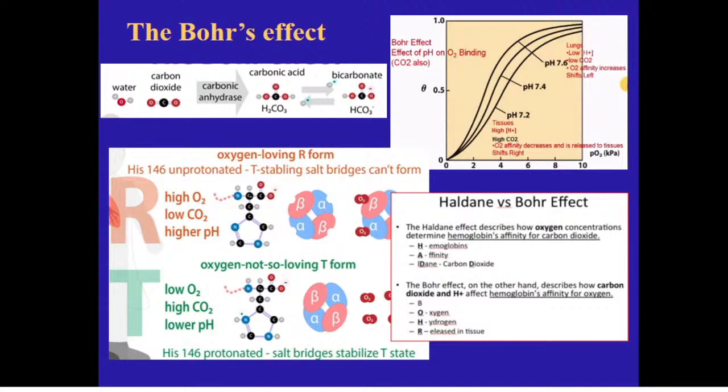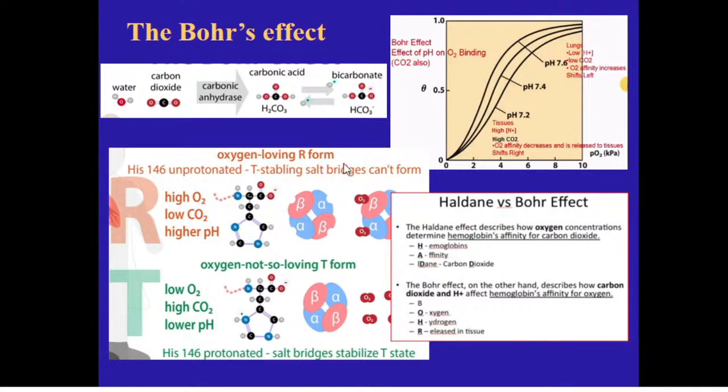Plus will interact with negatively charged radicals, and all subunits will be connected with these salt bridges, ionic bonds, in a more compact conformation, and this T state is not loving oxygen. It allows oxygen to go from the subunits of hemoglobin to the peripheral tissues.